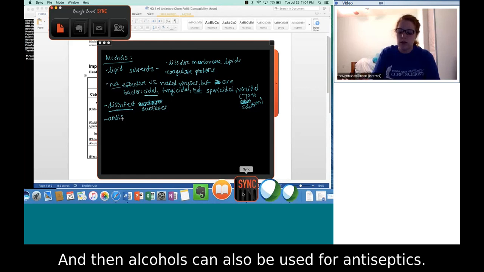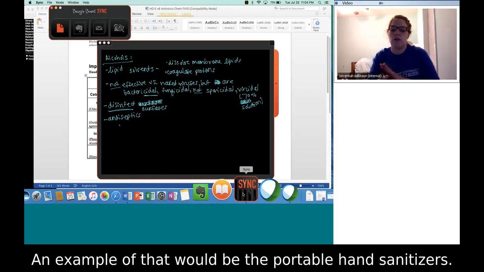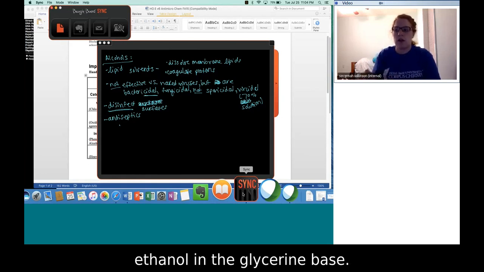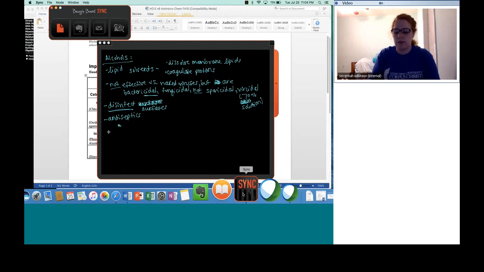And then alcohols can also be used as antiseptics. An example of that would be the portable hand sanitizers. Common hand gels have 62.5% ethanol in a glycerin base. They do evaporate.